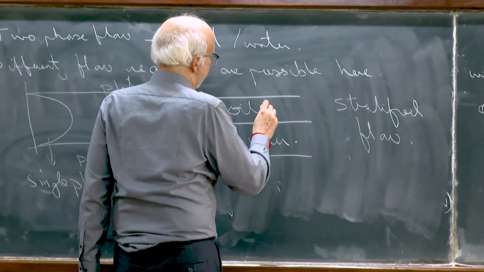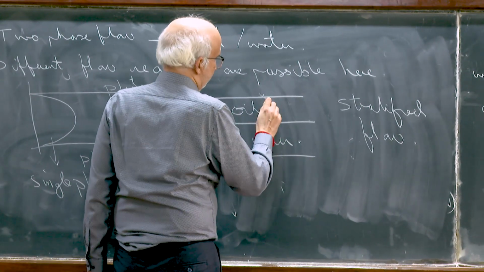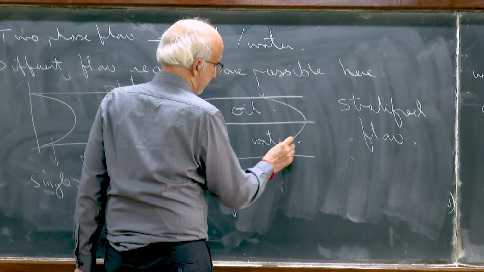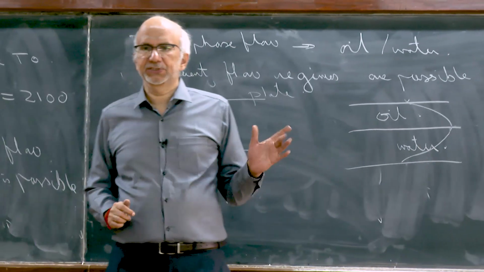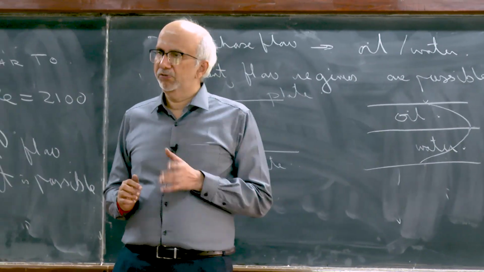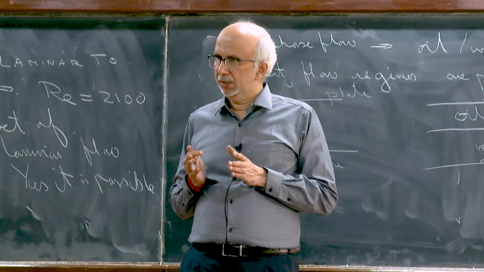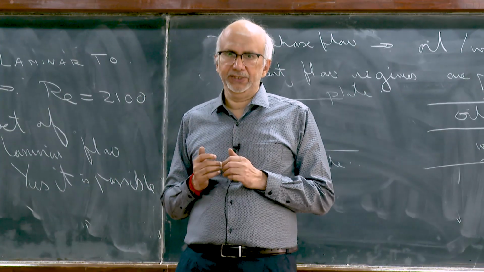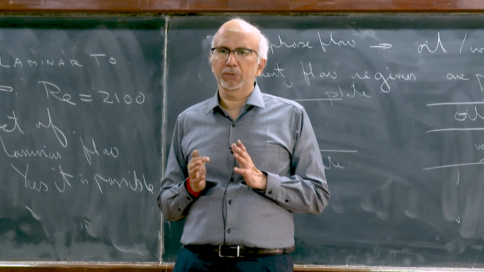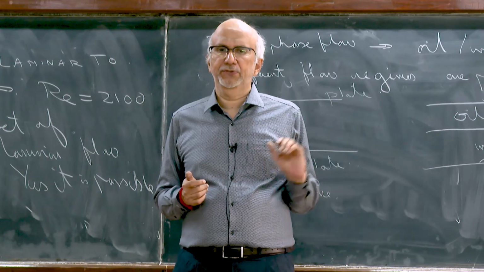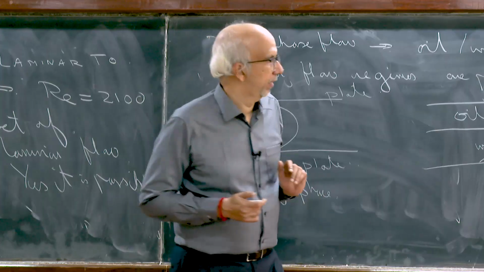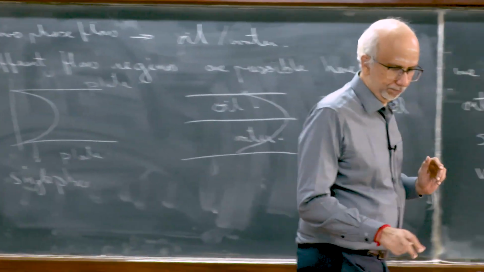So you have zero velocity here, something like this. This is one possible way by which the two liquids are going to flow side by side, and this is the extension of the laminar flow of the single phase problem.